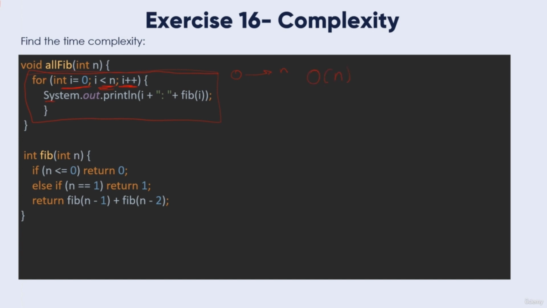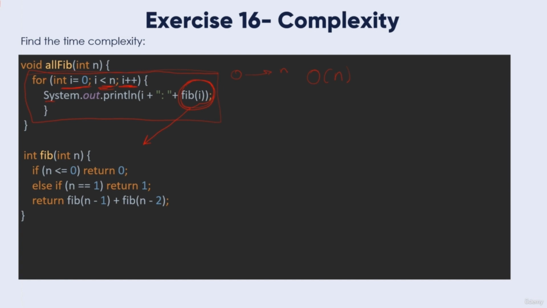Okay? But we are calling a function. And calling a function depends on the function algorithm, the function complexity itself. So we need to calculate the function time complexity in order to get the correct time complexity of this algorithm.